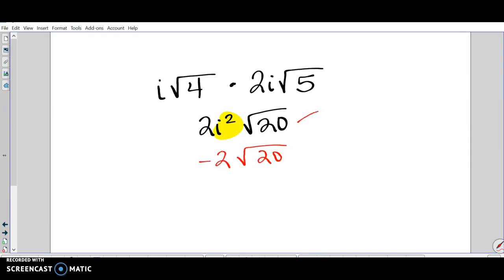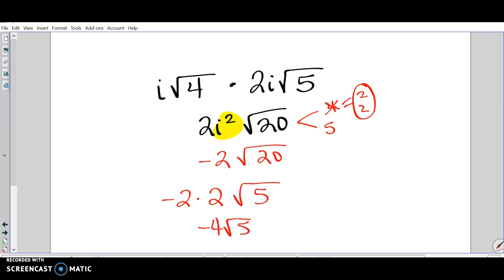The root 20 we've got to break down, which is 4 times 5. That becomes 2 times 2. There's your perfect pair. So with that -2 on the outside, I'm going to have to bring out a 2, leave a 5, -4 root 5 would be the answer of that one. So go ahead, try that one yourself. There is some review for that one in your packet also.